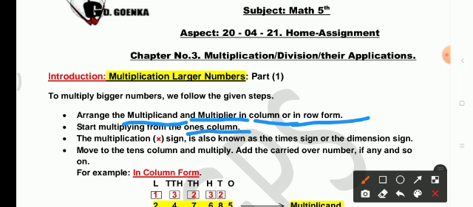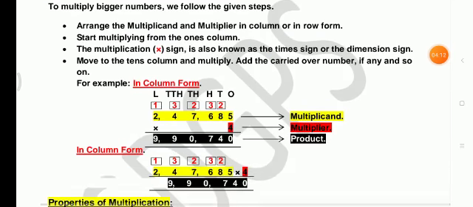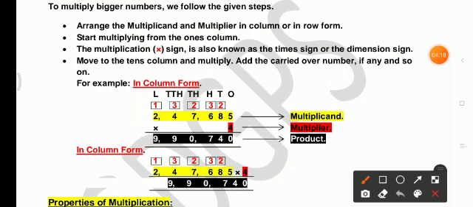The multiplication sign is also known as the times sign or cross sign. Then, students, we move to the tens column and multiply and add the carried over number, if any, and so on.